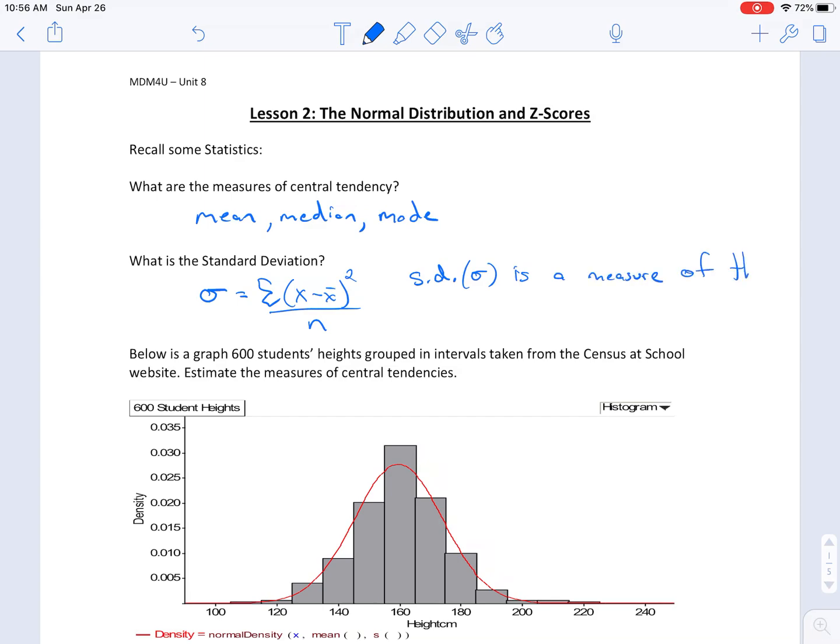So standard deviation is just, remember, a measure of the amount of variation in a set of data away from the mean.